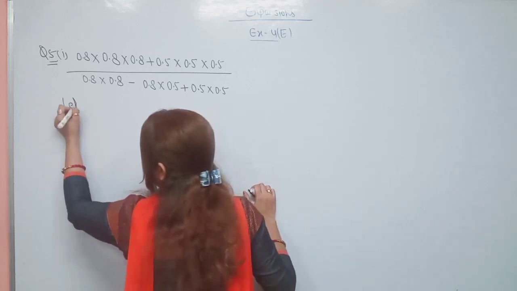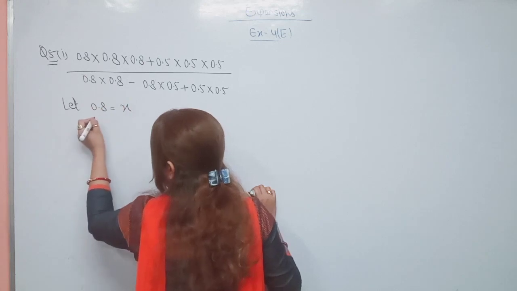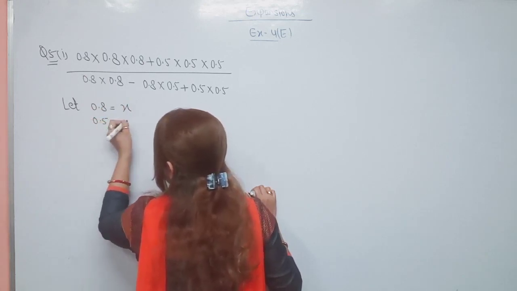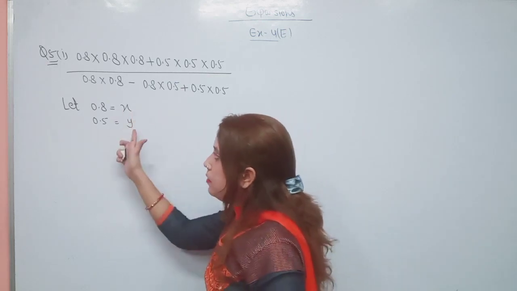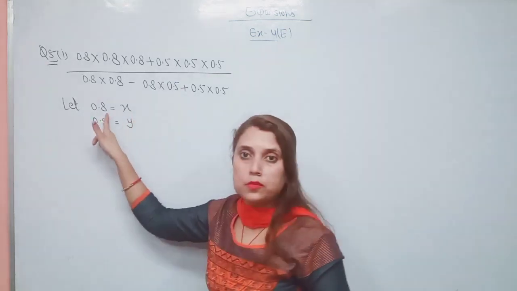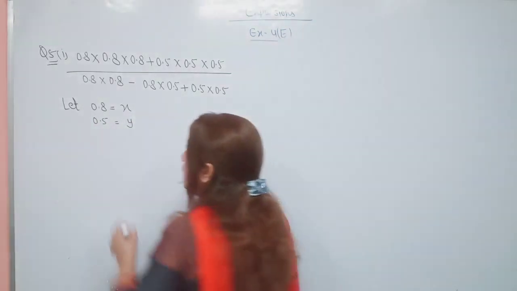So let 0.8 be equal to the variable x and 0.5 be equal to the variable y. Now in place of 0.8 we can put x, and in place of 0.5 we can put y.